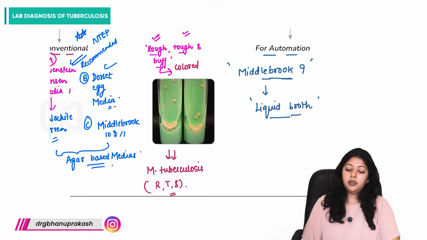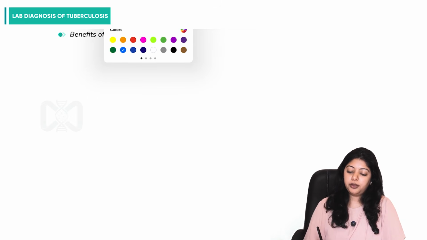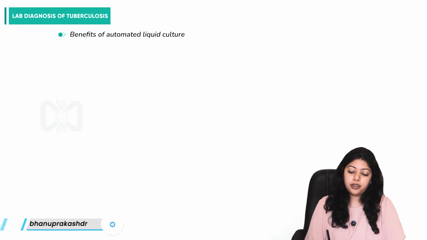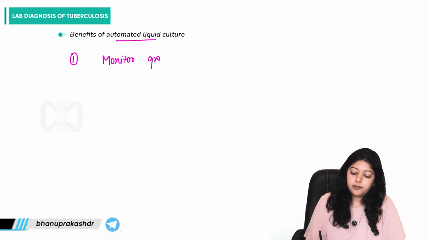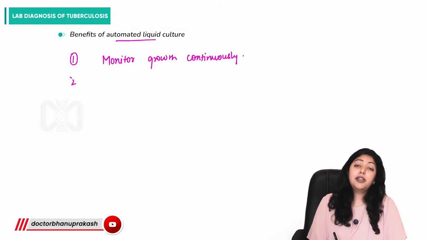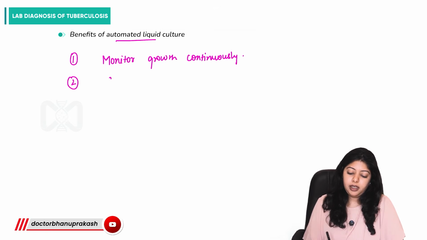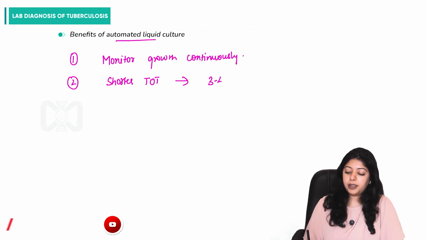Right? So let us now discuss the benefits of automated liquid culture. The very first benefit is that they monitor the growth continuously. And they have a shorter turnaround time, which is around 3 to 4 weeks.